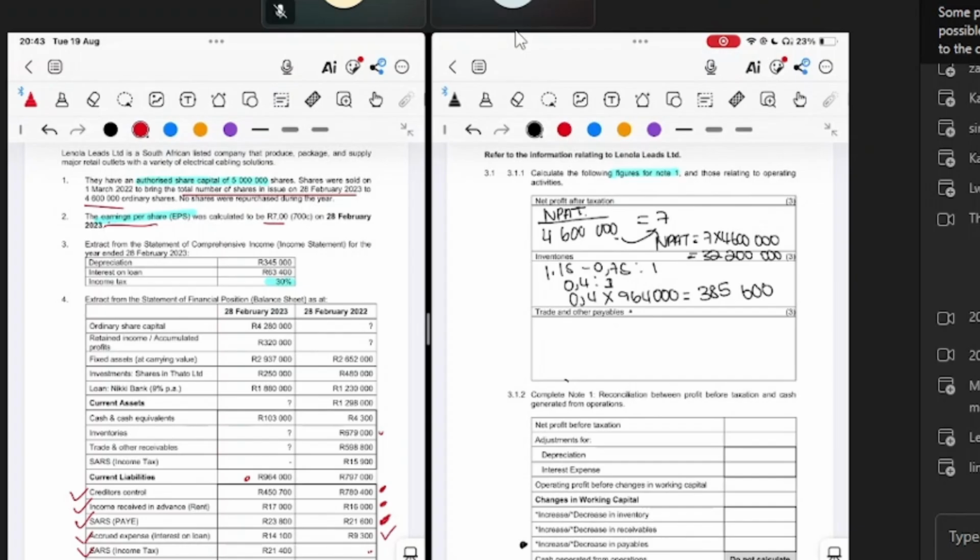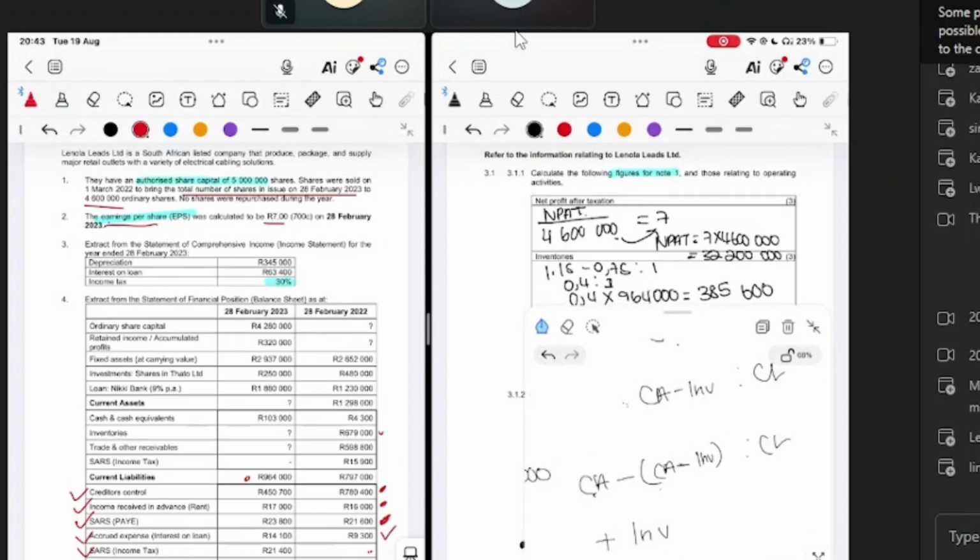So we have 780,400 plus 16,000 plus 21,600 plus 9,300.